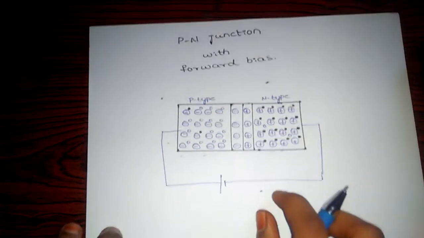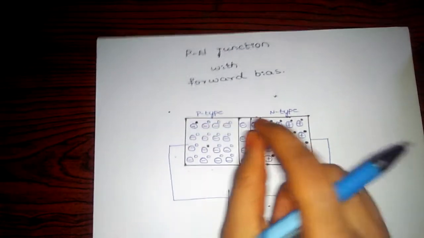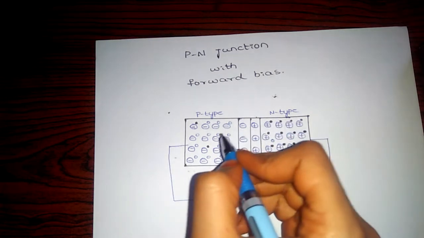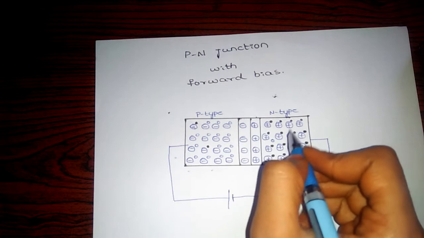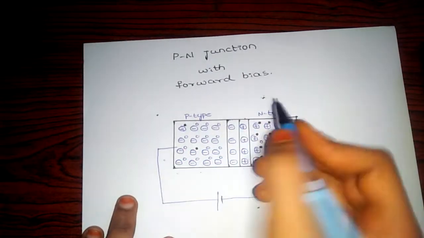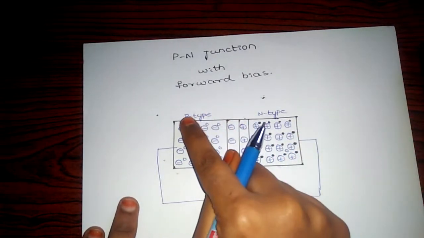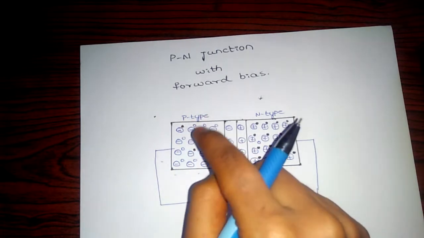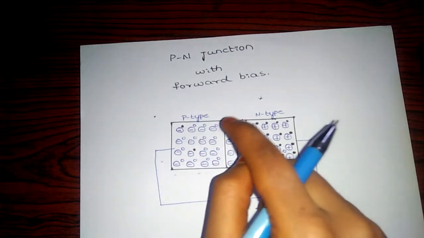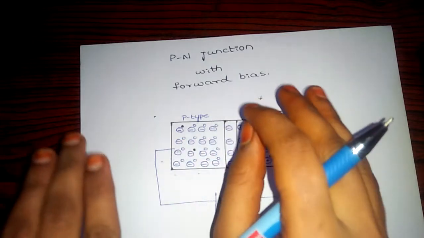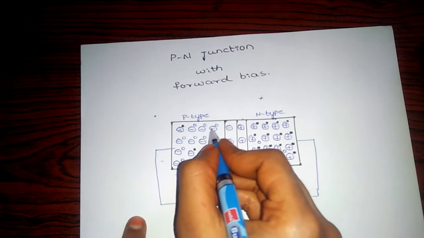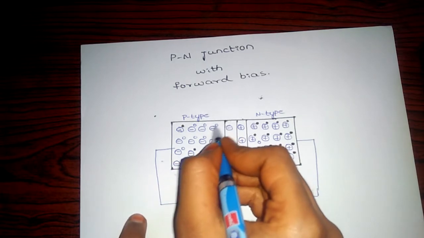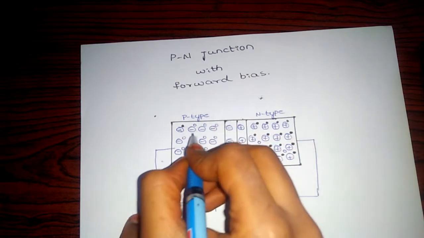So in forward bias, don't worry about the negative or positive charges. You might have thought that in P type, we have minority charge carriers as electrons and majority charge carriers as holes. Yes, of course, that's correct. But this negative symbol doesn't represent holes. It represents the mobility of the holes.